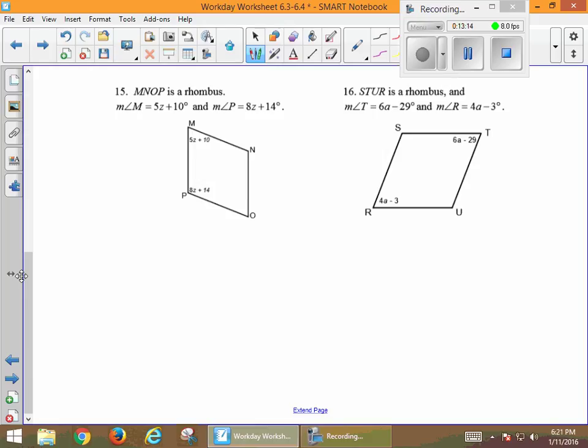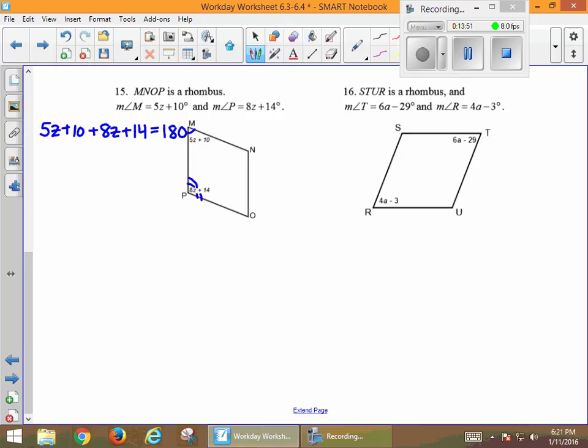For question number 15, I need to know, just like all parallelograms, consecutive angles are supplementary, meaning angle M plus angle P will equal 180 degrees. 5z plus 10 plus 8z plus 14 has to equal 180 degrees. That's what supplementary means.